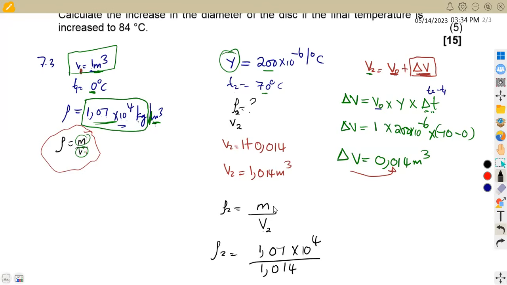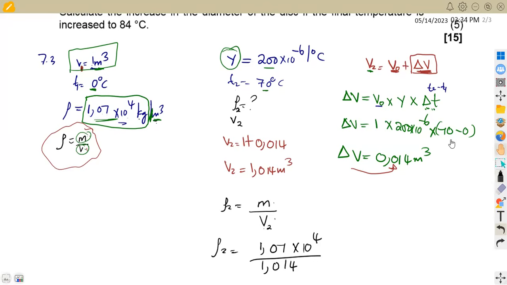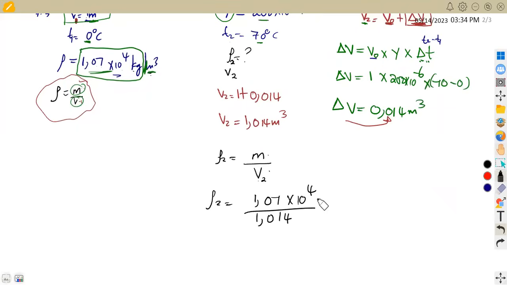So if we divide mass and volume, we obtain density. Remember, this is mass, which is in kgs, and this is volume in cubic meters. So our density in this case is going to be something like 1.0552268, which is in kgs per cubic meter in this case.